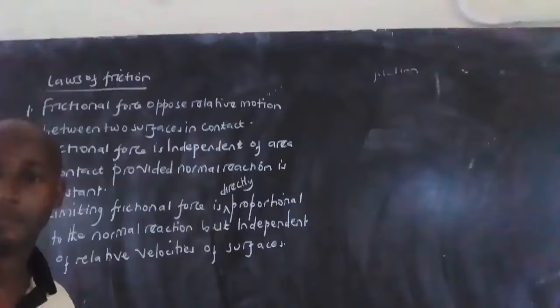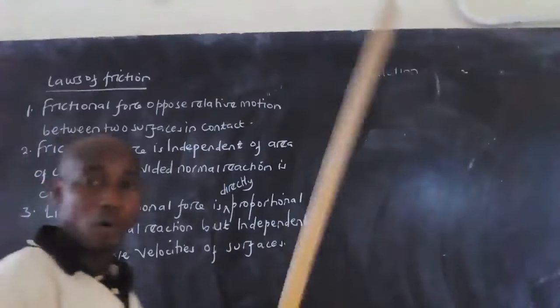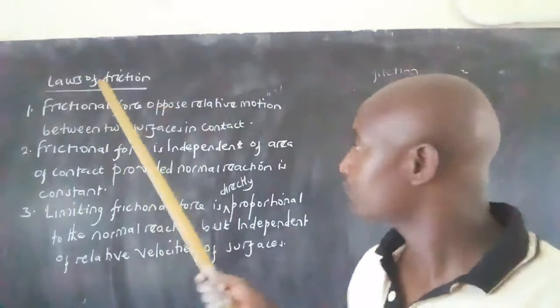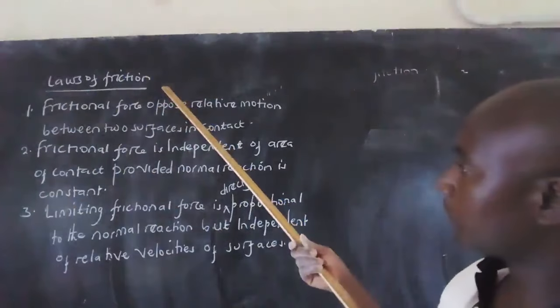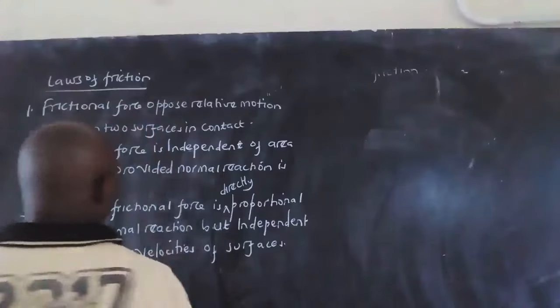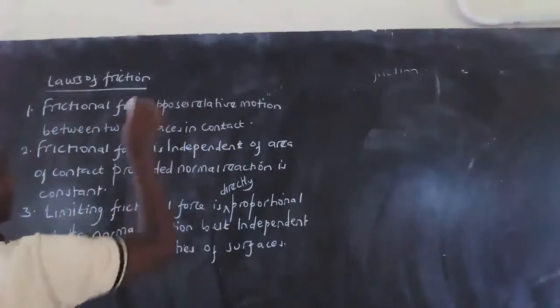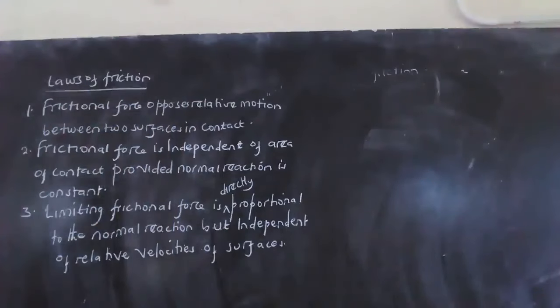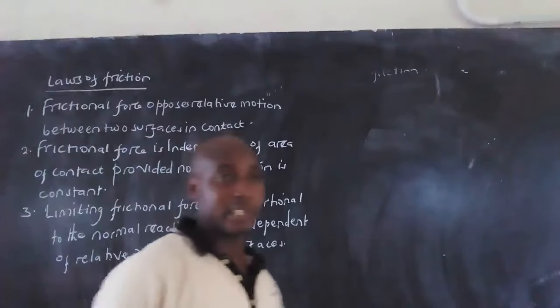Laws of solid friction. Number 1, frictional force opposes relative motion between two surfaces in contact. Then frictional force is independent of the area of contact provided the normal reaction is constant.